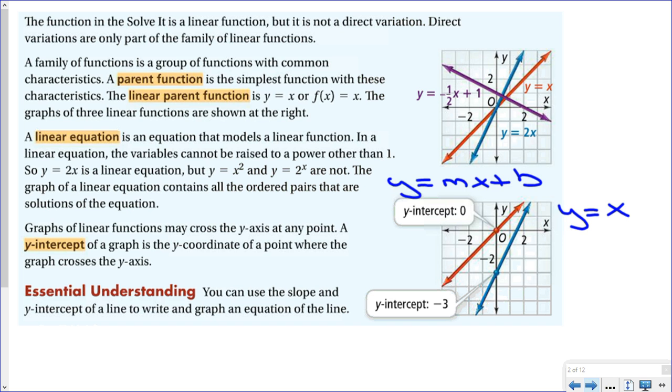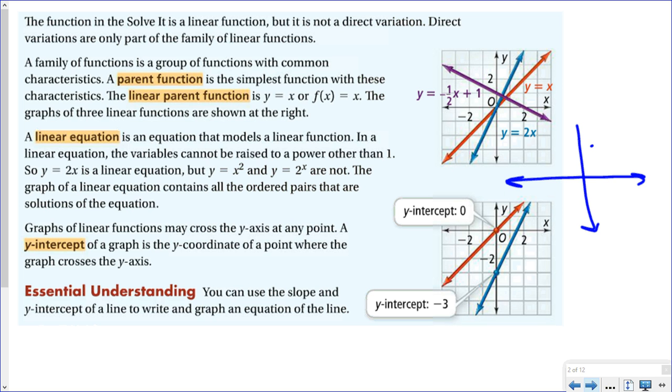The other main thing to know for this page is being able to identify the y-intercept. So if you have an x-axis, which would be the horizontal line, and a y-axis, which is the vertical line, if you draw a line, there is a y-intercept, which crosses the y-axis.